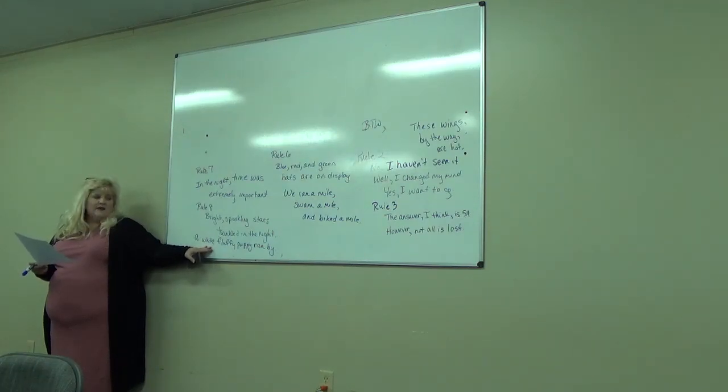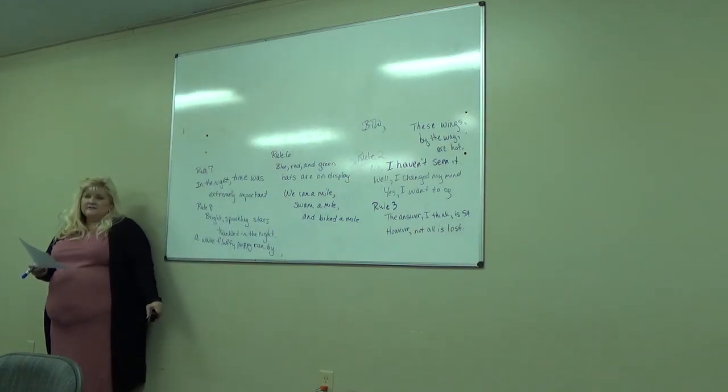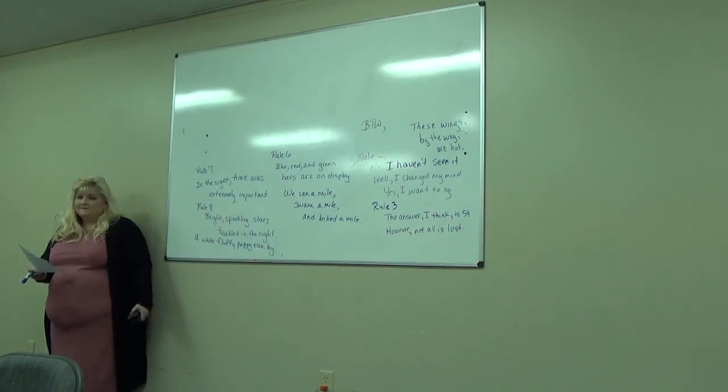Like if you had one white fluffy puppy ran by, you wouldn't put a comma. So you do put commas between the two adjectives though, unless it's a number or a color. Okay?